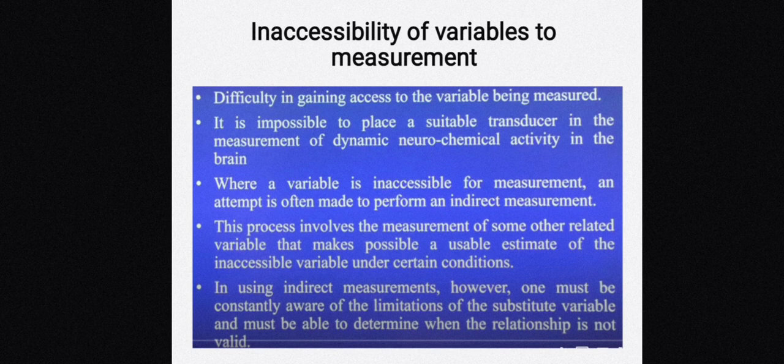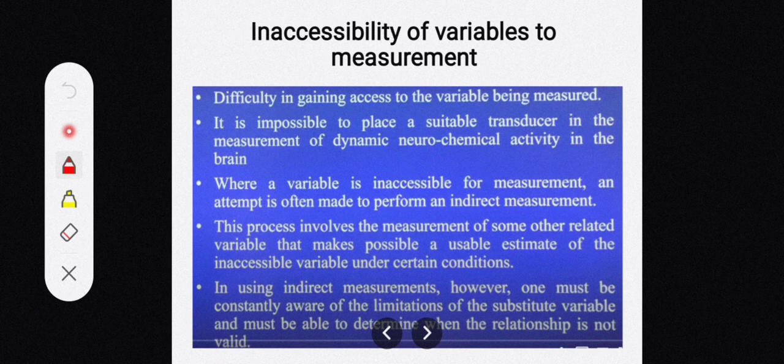For example, for measuring dynamic neurochemical activity in the brain, we need a transducer. And many a time it has been seen that it is impossible to place a transducer in the required place for the measurement to be made.